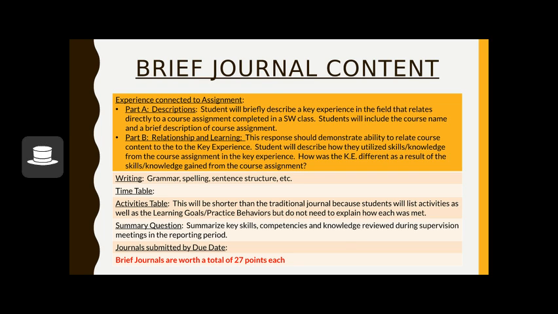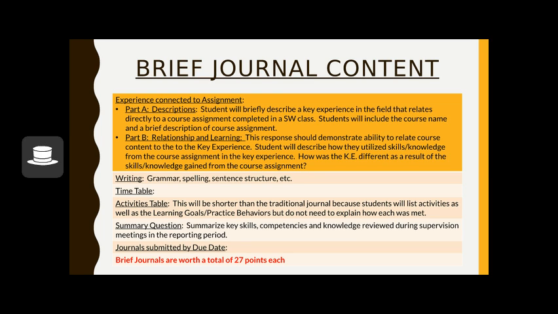So it's much quicker for you to look at, and quite frankly, much quicker for the liaison to grade, and much easier for the student to do. And it kind of gets at some different information to give us a different view of the learning that's occurring in practicum. So there are 2 sections, basically, experience connected to assignment.